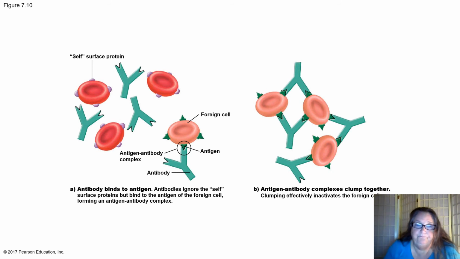Now, we've got a red blood cell here, right? And on it, you see this little purple thing represents a surface protein, which is an antigen. Here you see a different red blood cell with a different antigen on it. And in this blood is an antibody against this triangular green antigen.